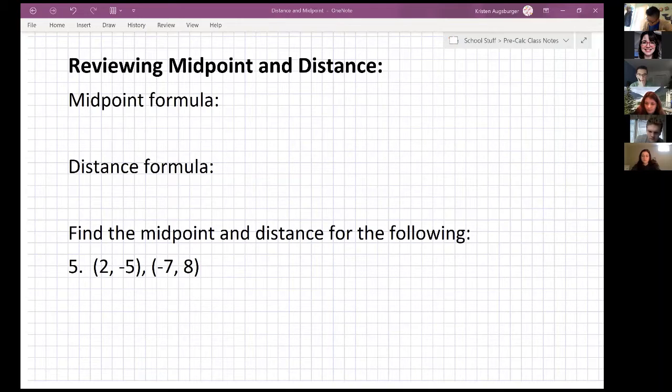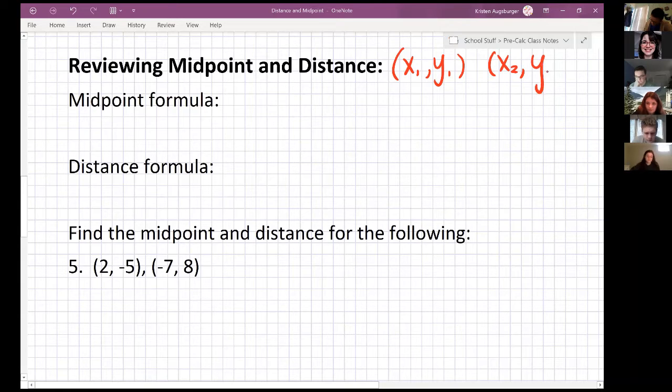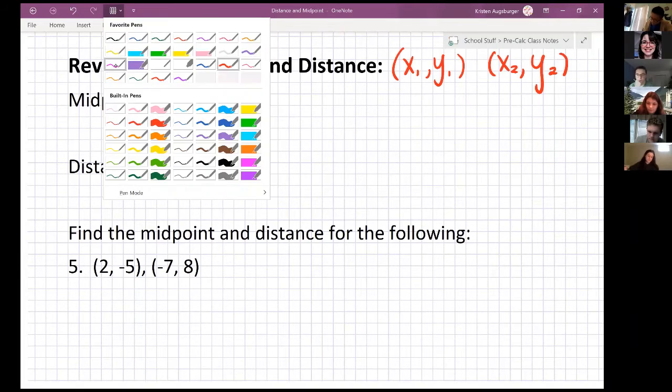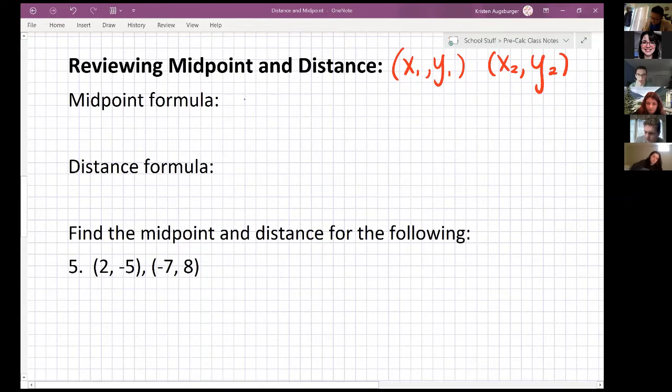If I have 2 points, x1, y1, and x2, y2, those are my 2 points. Does anybody remember the midpoint formula? Can somebody tell me what it is?